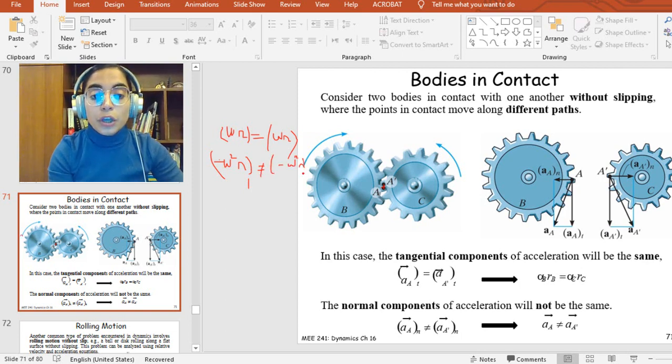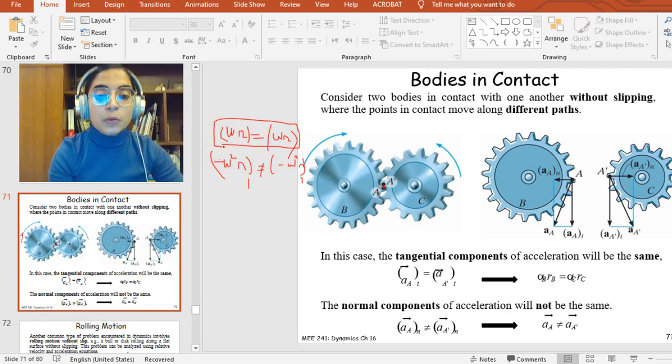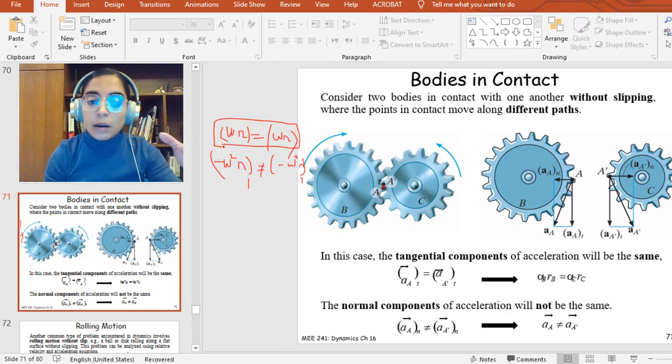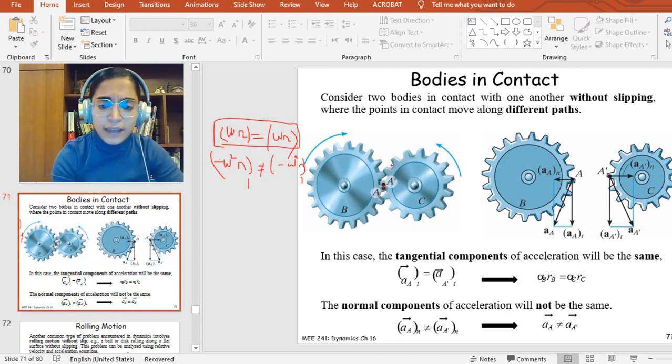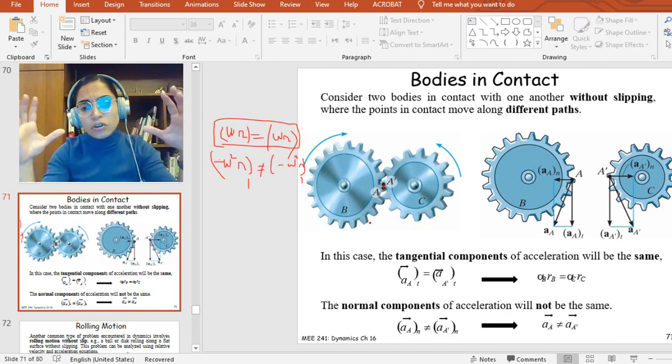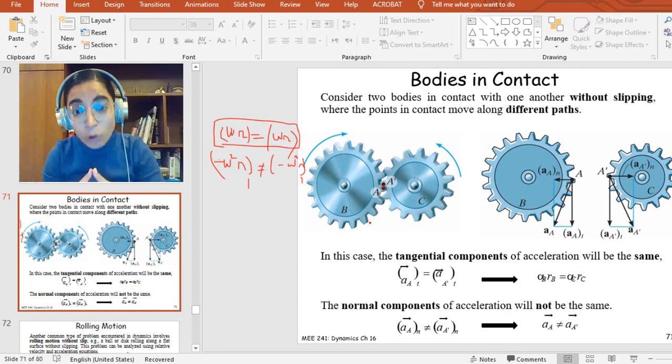So if you multiply this equation here by omega, I'm not going to have an equal sign anymore, since omega for the first gear is not equal to omega for the second gear. I know, in fact, that since this gear is much larger, omega is slower, then omega is smaller, all right?